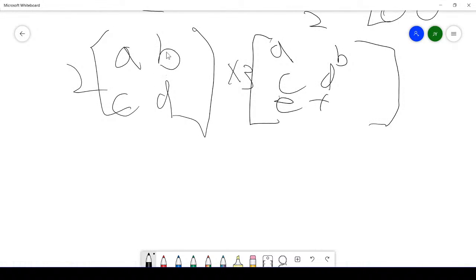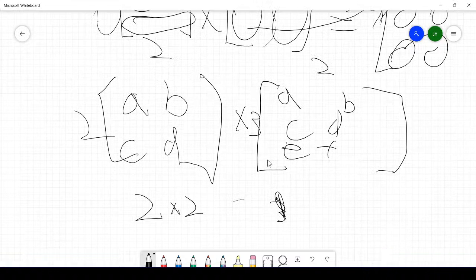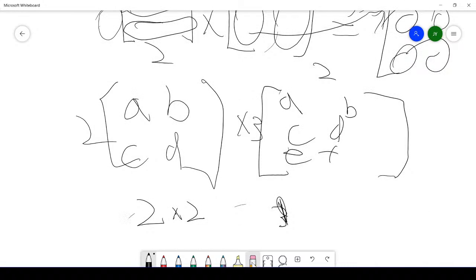We multiply these two together. Oh shoot, my bad. Let's just make this 2 by 3 here.